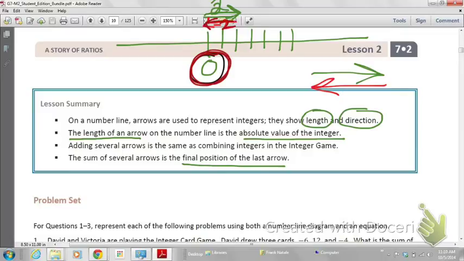That's interesting because it shows you how this works on a number line: a +2 and then a -2, taking that away, and you end up at 0. This whole idea of final position is the sum. So in this case, the sum of how far you got away from home is 0.